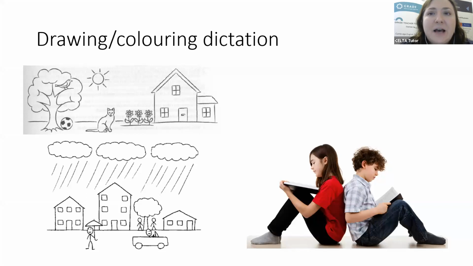So it depends on how much language the students know and how much detail you will help them notice. They can actually recycle a lot of language when they do drawing dictation to each other. Yeah, so Tanya, that's a good point.